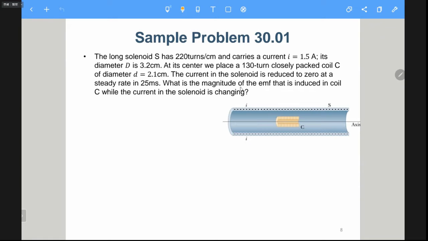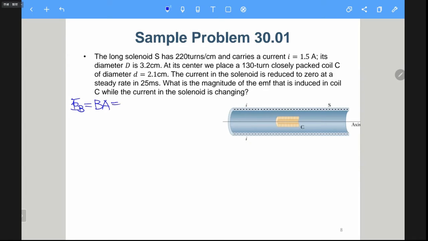What is the magnitude of the EMF that is induced in coil C while the current in the solenoid is changing? So now we need to consider the magnetic flux phi B, which is B times A, because we assume the magnetic field is uniform.